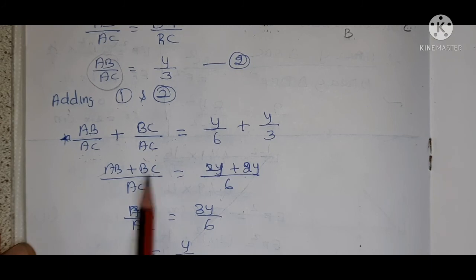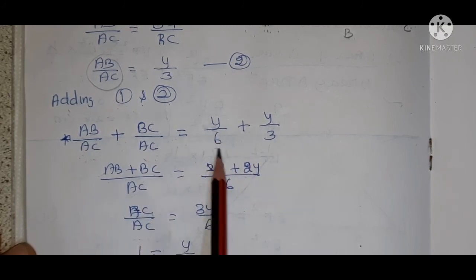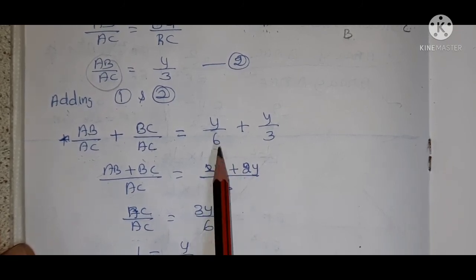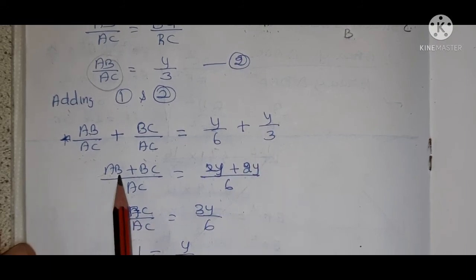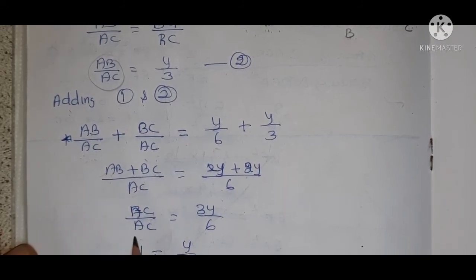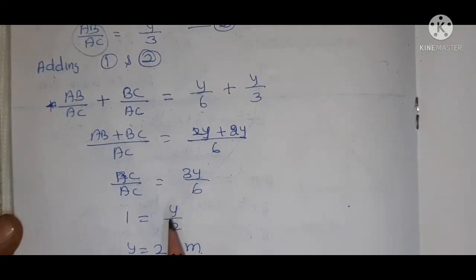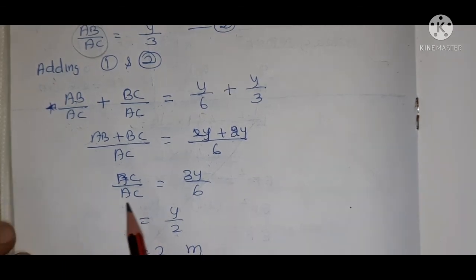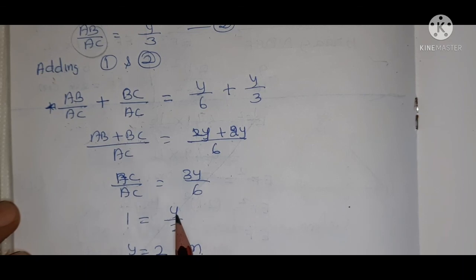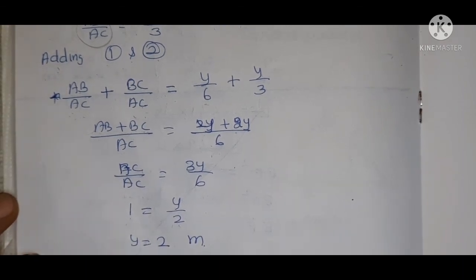AB plus BC by AC is equal to, here denominators 6 and 3, so LCM is 6, Y plus 2Y by 6. AB plus BC is AC, so AC by AC is equal to 3Y by 6. 3 by 6, AC by AC is 1. 1 is equal to Y by 2. Y is equal to 2 meter. The value of Y is 2.